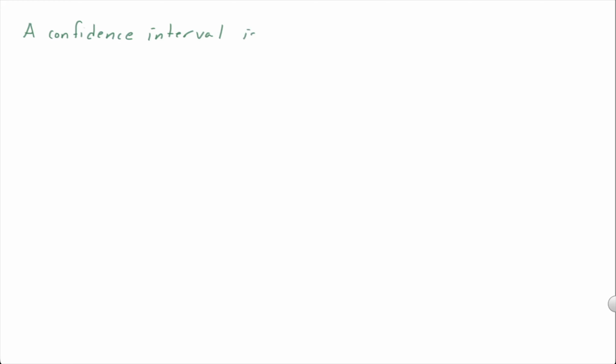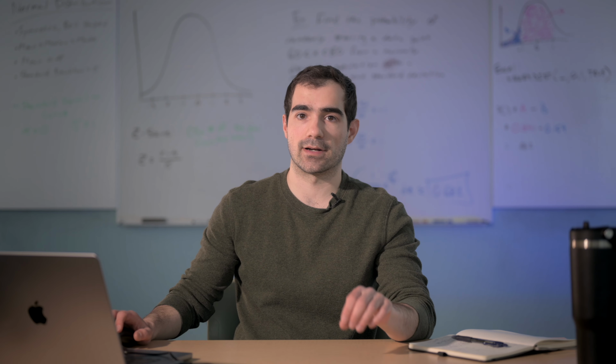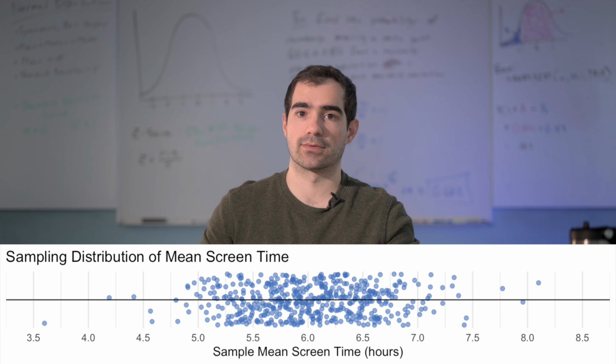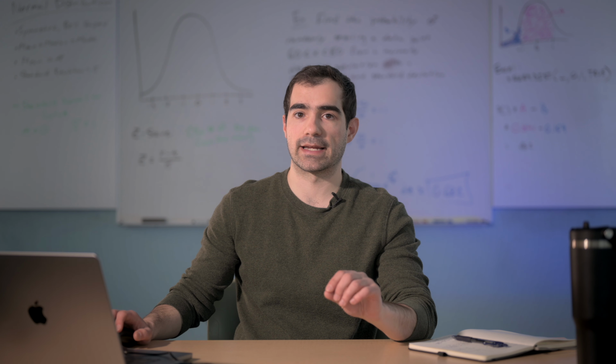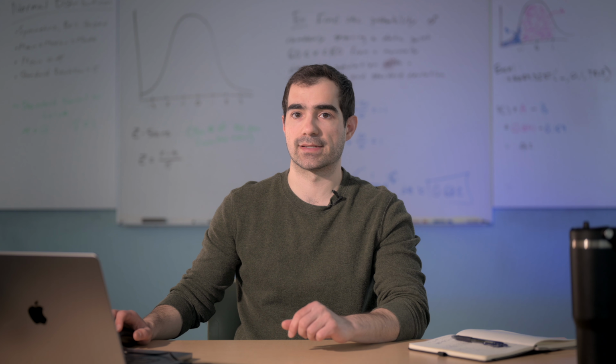Essentially, a confidence interval is a set of plausible values for the population mean based on the estimation we're making from our sample. As we saw from the chart, where we imagined repeatedly sampling different sets of 30 students, the sample means span a whole range of values. What we can do instead of just reporting a single number is report a range of values as our estimate.